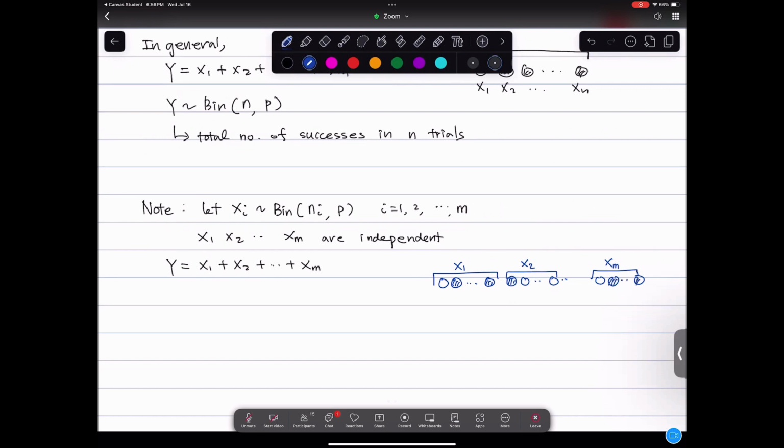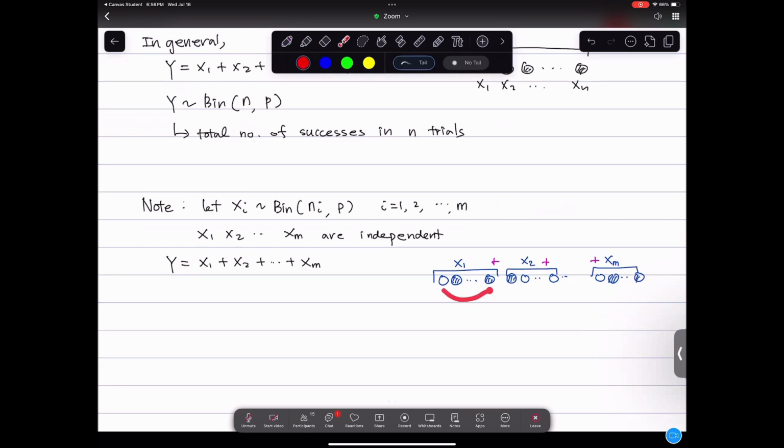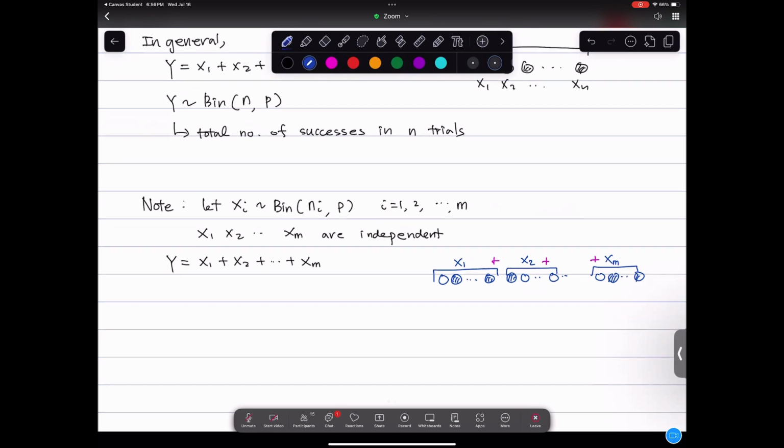So when I add all of these random variables together, I'm simply counting how many ones there are. I'm simply adding ones and zeros, 0, 1, 0, 1, all the way like this. So I'm trying to count how many successes in total. So it's again another binomial. So y is binomial. Sum of binomials is a binomial.